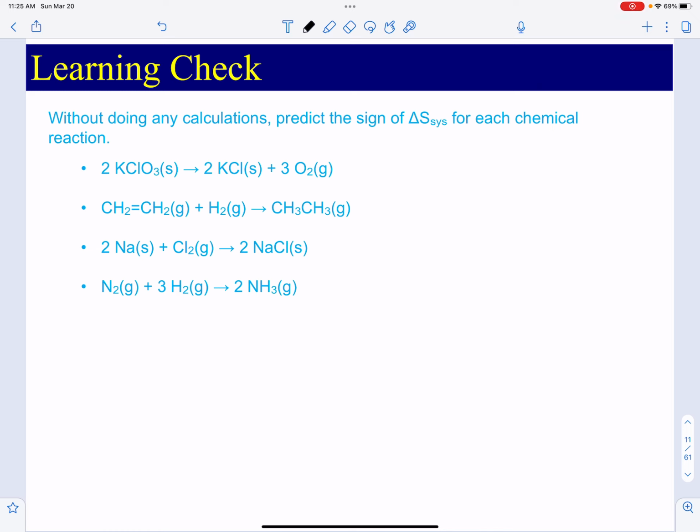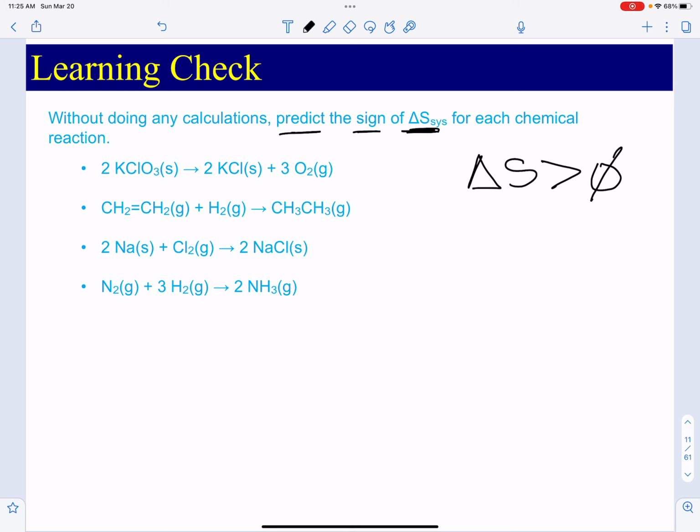So let's look at these problems to see how to better understand the tendency of entropy. Without doing any calculations, we're just going to be using the concepts we know. We're going to predict the sign of delta S of the system. Delta S of the system in the universe tends to be bigger than zero, or positive.